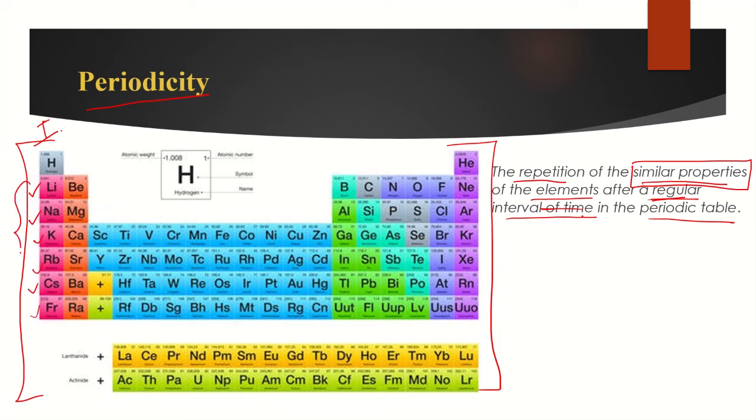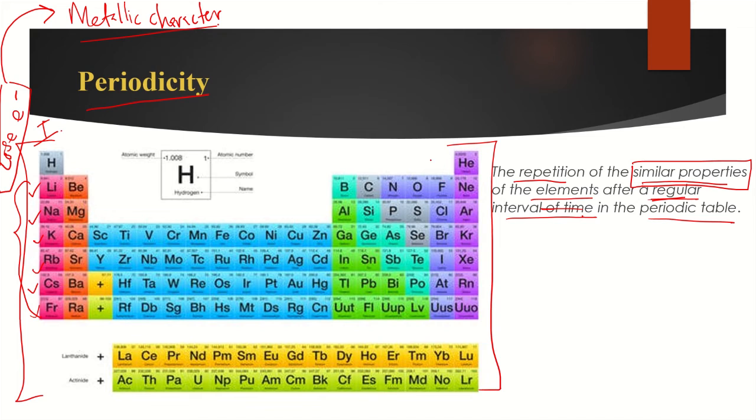If we study, we'll observe that all these elements tend to lose electrons, and losing electrons is what we call metallic character. Or we can say the group 1 elements have metallic property.